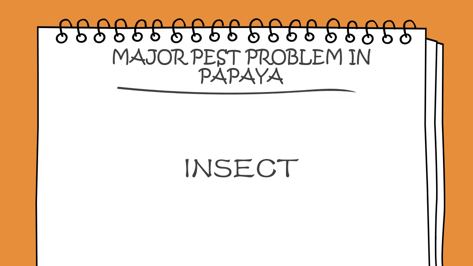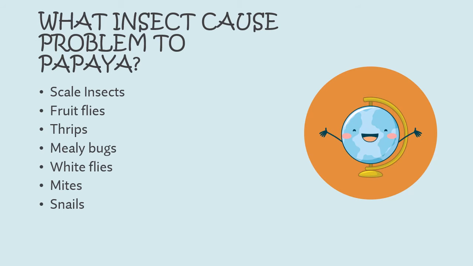So let's move to my main topic, which is major pest problem in papaya, which the one that I choose is insect. What insect can cause problem to papaya?